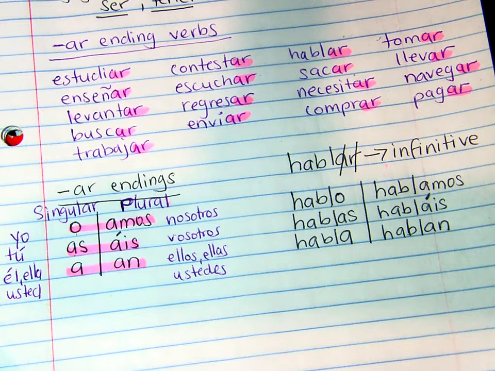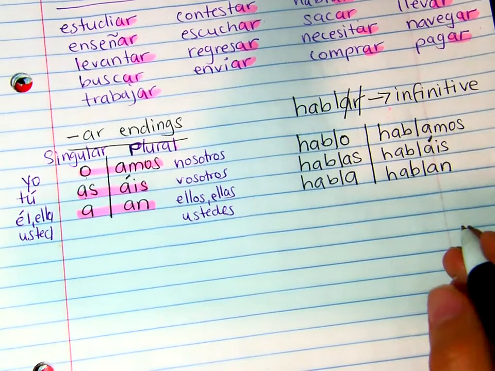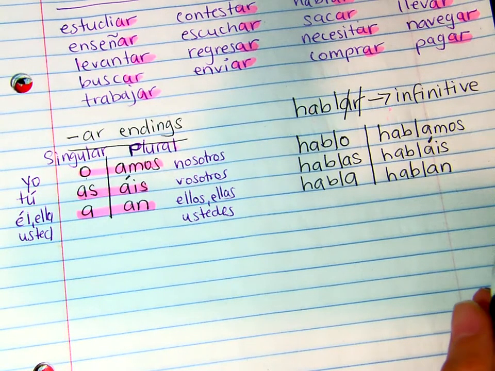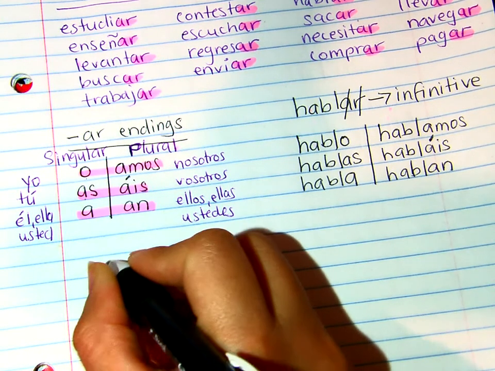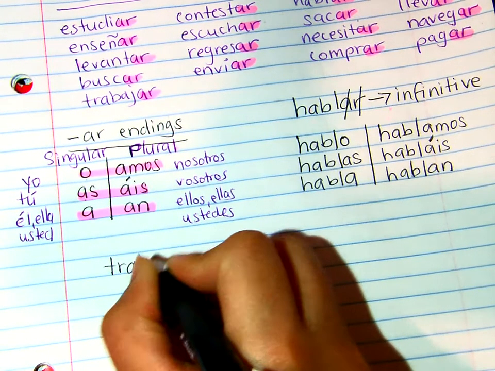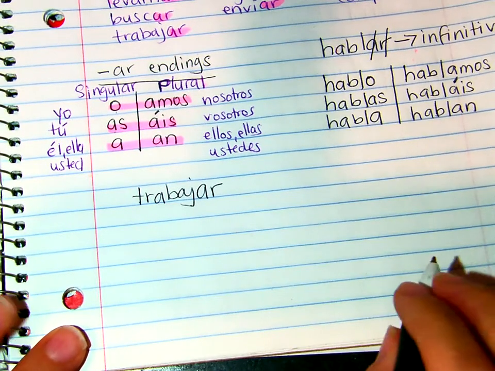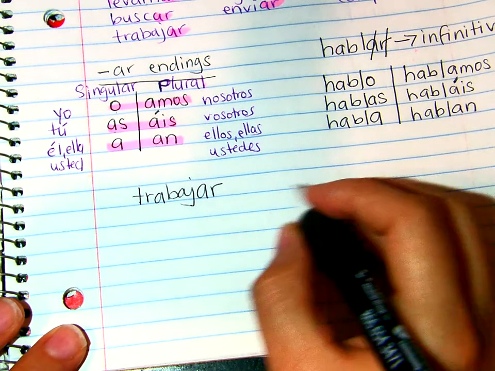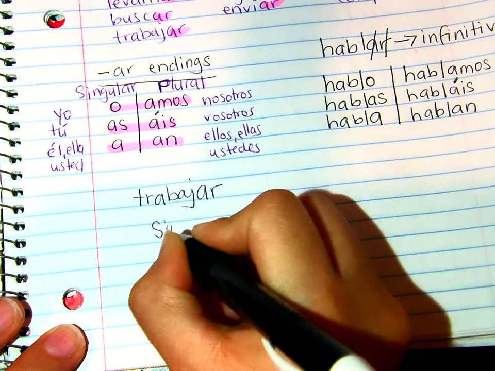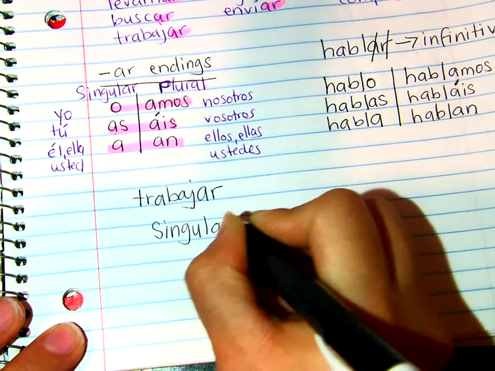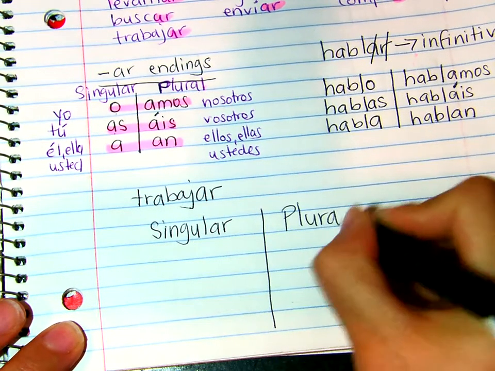Let me give you another example. Let's do another one, okay, chicos? Let's do the verb trabajar. Trabajar, it's to work. Okay, so we have the verb trabajar. So what do we do to it? Remember that we have a singular side of the forms, right? And we have the plural, right?